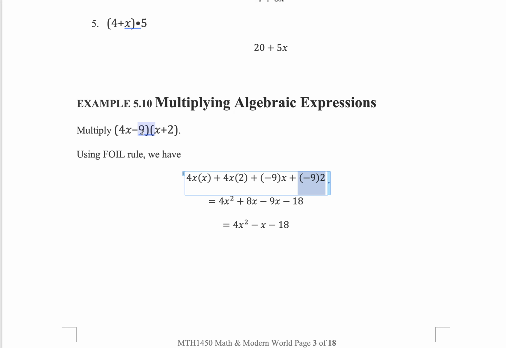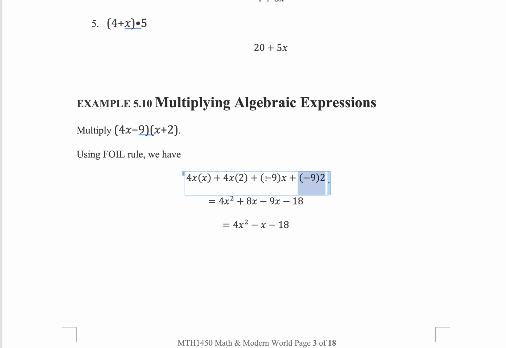Look at this number 9, 4x minus 9. I hope you see it clearly. I really considered this as 4x plus negative 9. In general, we say an expression is connected by plus signs, and minus 9 should be considered as plus negative 9.